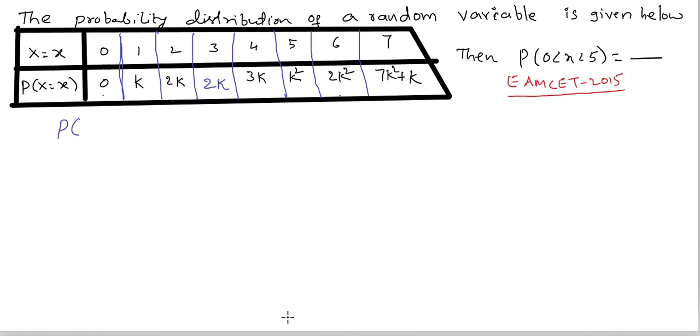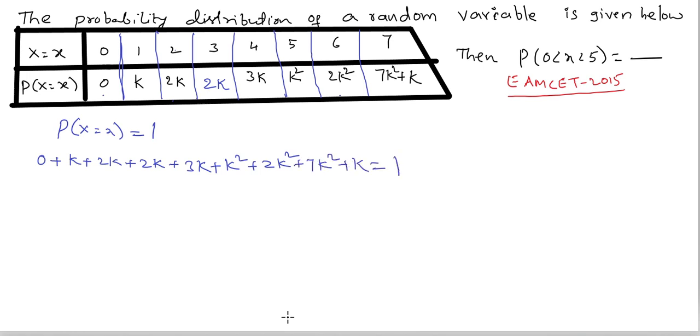We know that the sum of probabilities is 1, that is 0 plus k plus 2k plus 2k plus 3k plus k squared plus 2k squared plus 7k squared plus k is equal to 1.